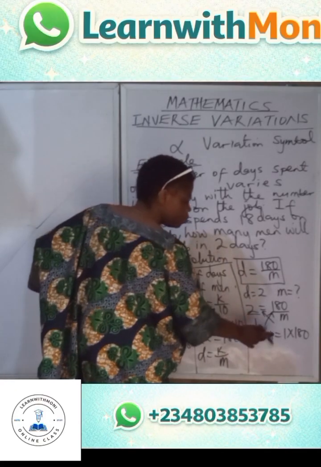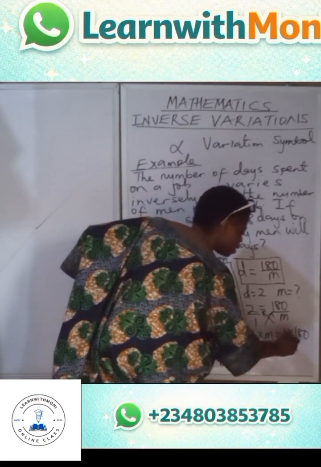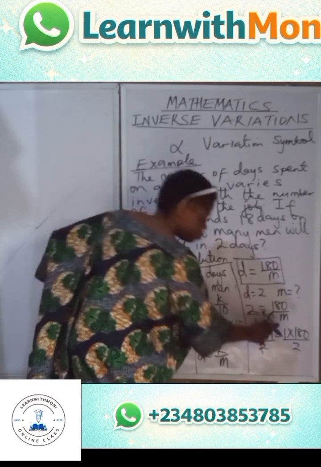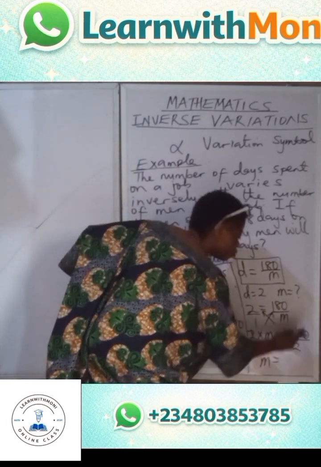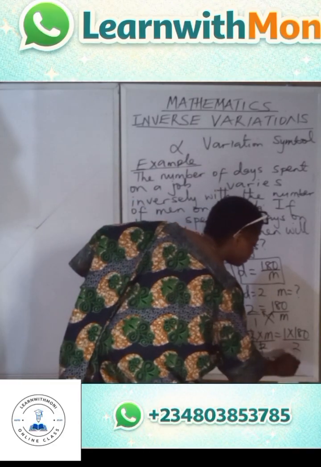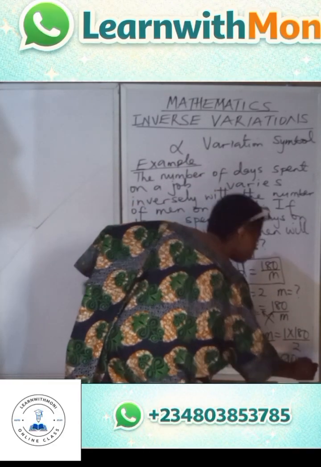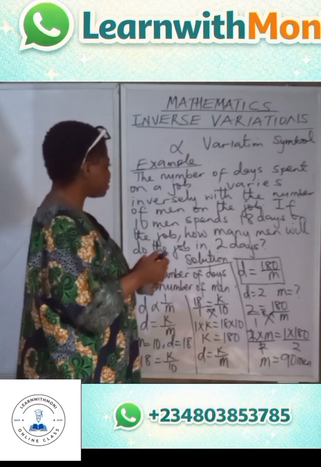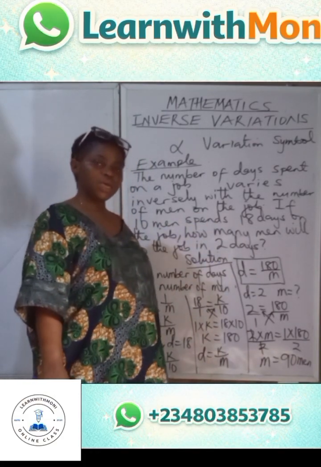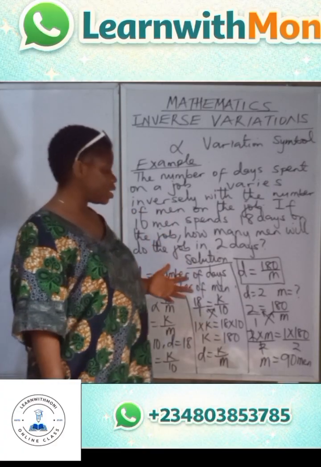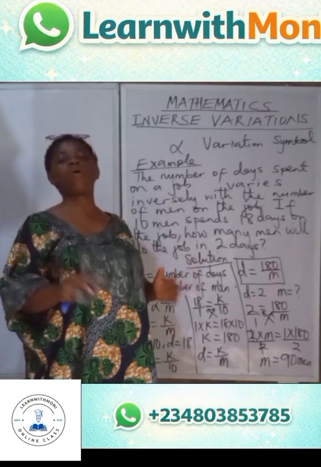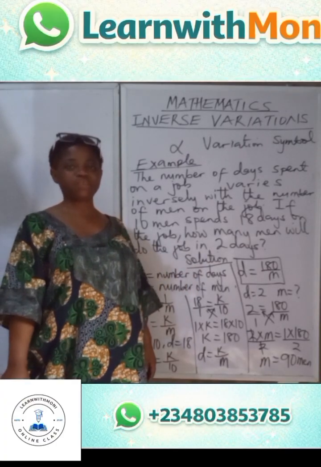To get our M, we have to divide both sides by 2. So now we have M equals 180 divided by 2, which is 90 men. So a job that takes 10 men 18 days to do will actually take 90 men 2 days to do if all men are working at the same rate.